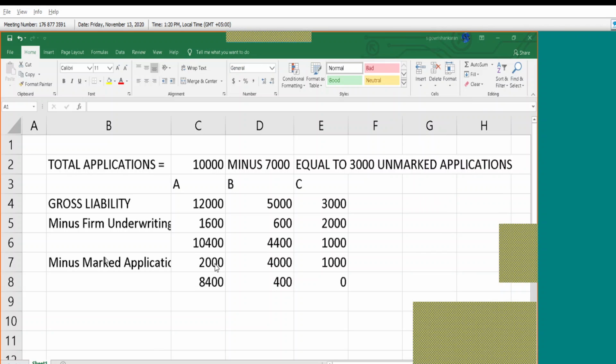This unmarked application can be allotted to A, B and C. Can we allot this unmarked application to C or not? Is it required to allot unmarked application to C? I am asking a question. Do we have to allot this 3,000 unmarked application to C or not? Yes or no? Directly we can allot to A, B, or we have to allot to C, and later on to A, B.